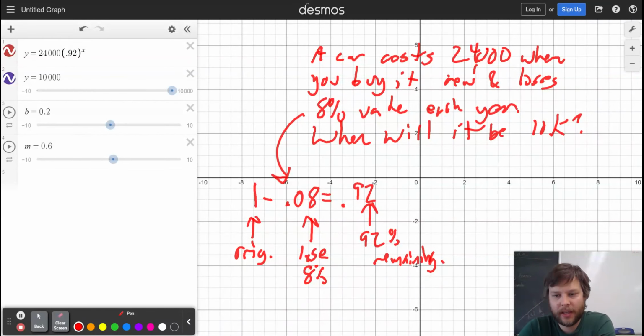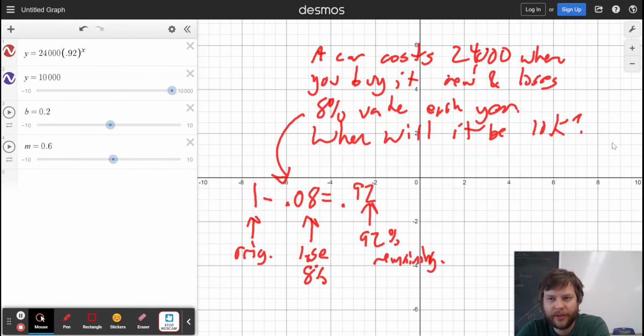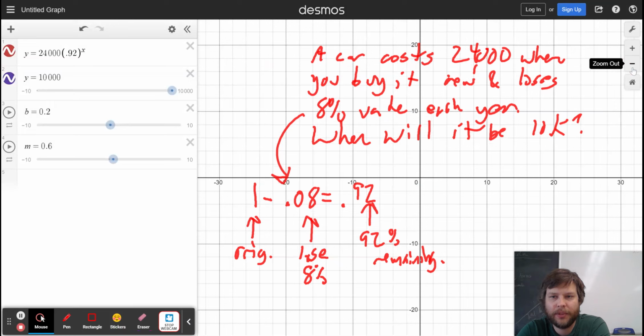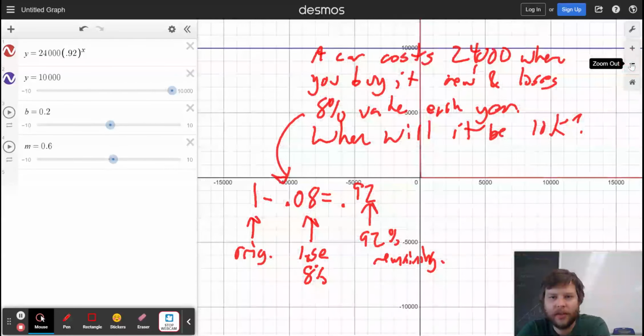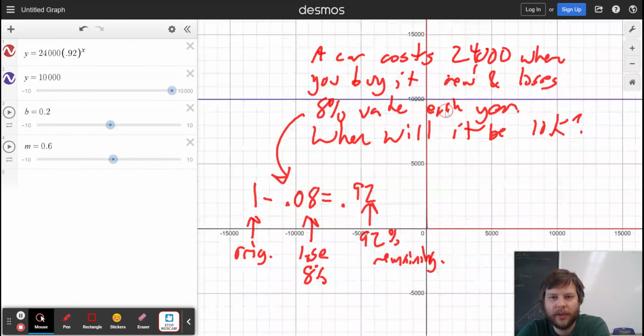Okay, sorry about that. So noticing here that we have a multiplier of 0.92 for an 8% loss. And then let's try to find it. Let's zoom out on the graph here until we see up to 10,000. Again, we probably could have just adjusted with the gear.